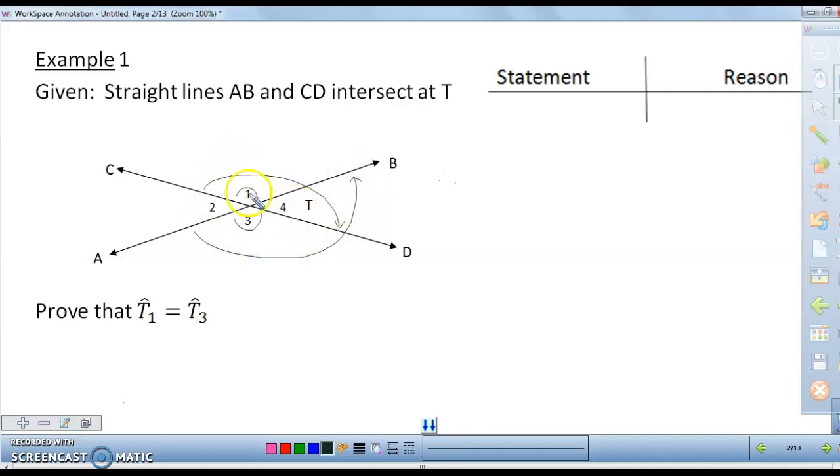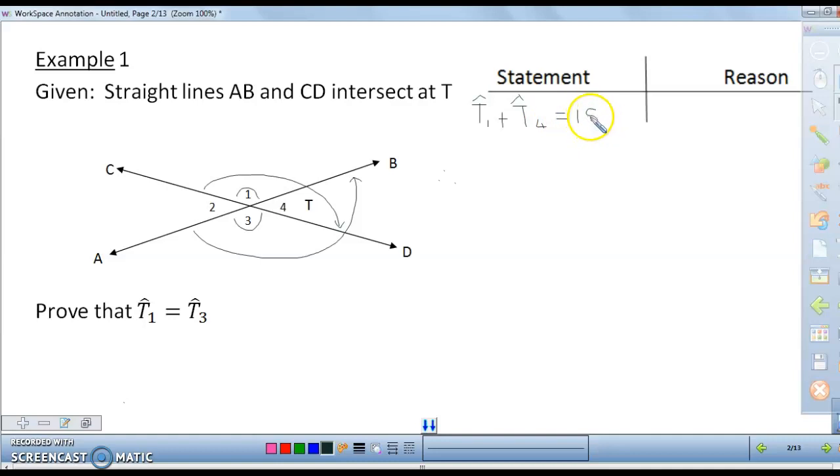I'm going to write the information that we've just talked about in a statement. I'm going to start with CTD. I'm going to say angle T1 plus angle T4 add up to 180 degrees.